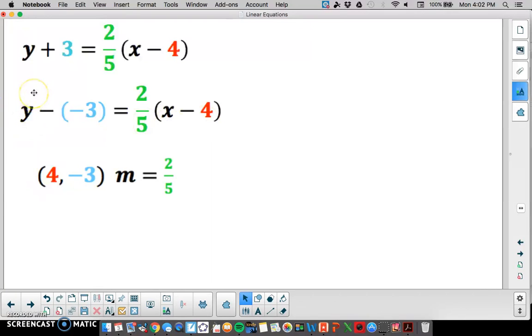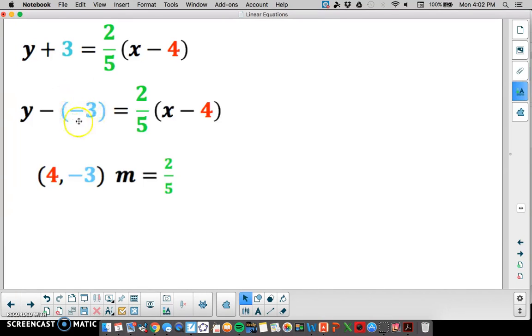Here's an example of point-slope form where we have y plus 3 equals 2/5 times x minus 4. That 2/5 is your slope, that's your m value, but notice we have a plus 3. In our formula, it's y minus y1. Well, y minus a negative 3 would give us that y plus 3, because minus a negative turns into that plus.